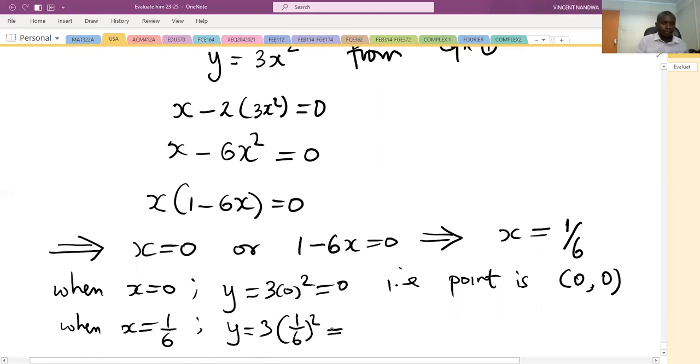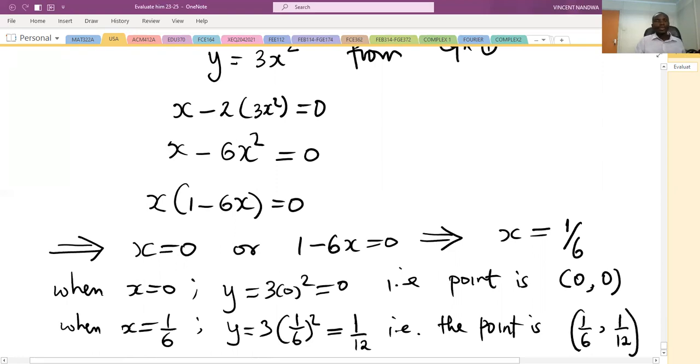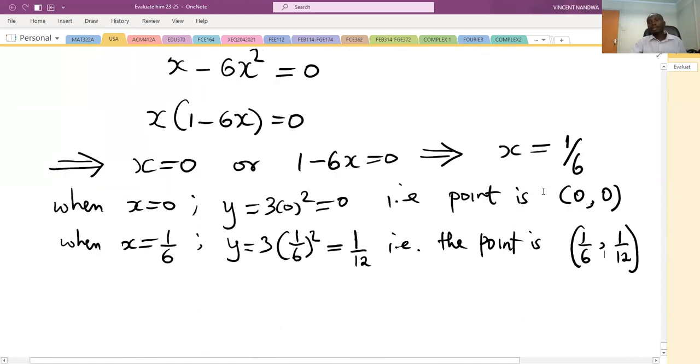So 3 times 1 over 36 is 1 over 12, i.e. the point is 1 over 6, 1 over 12. So therefore, we have two stationary points or two critical points. We'll have to test each of them in order to determine the nature of each of the two points.